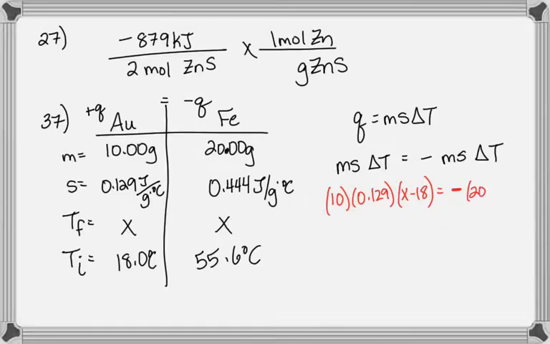M is 20, S is 0.444, and delta T is X minus 55.6. And from this point, it's just algebra. 10 times 0.129 times X, which is 1.29X, right? Minus 10 times 18. And you just do the algebra and solve for X. Okay, let me pause this because that's your chapter 5 questions.